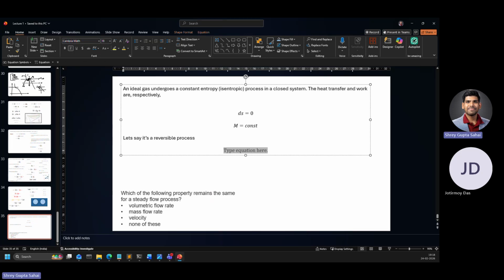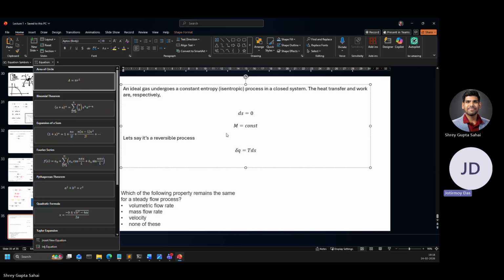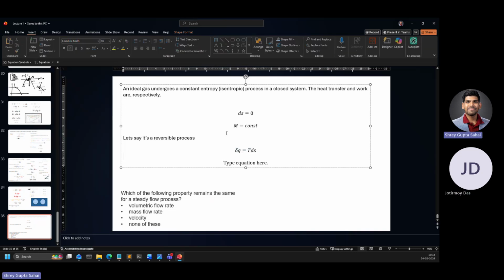In that case, delta Q will be TdS, which will be equal to 0. And then delta W will be dU, which will be equal to what? Now tell me, we have just done this.